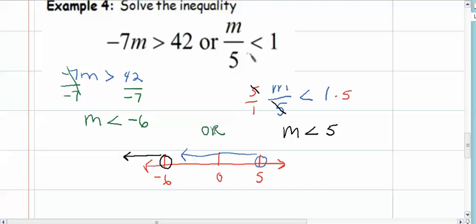Okay, so m can be smaller than negative 6, or m can be smaller than 5, and it just goes all in the same direction.